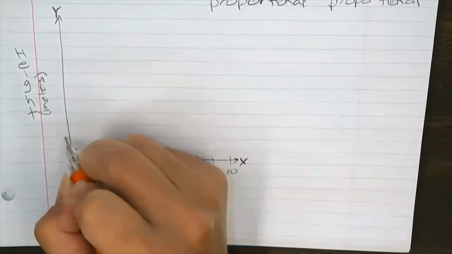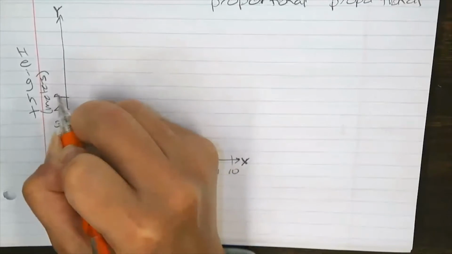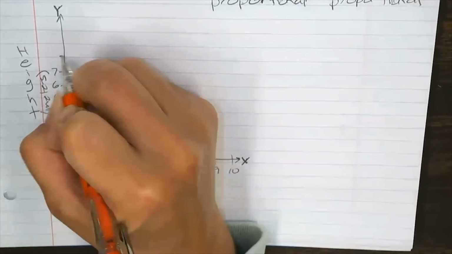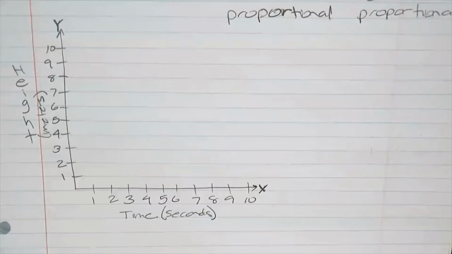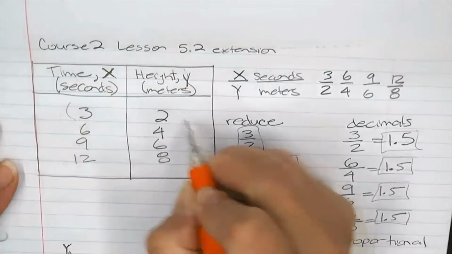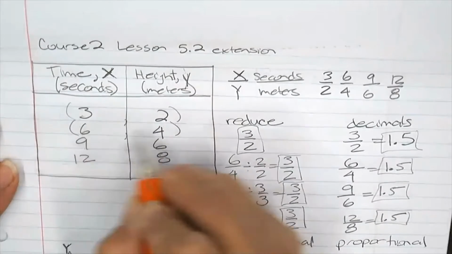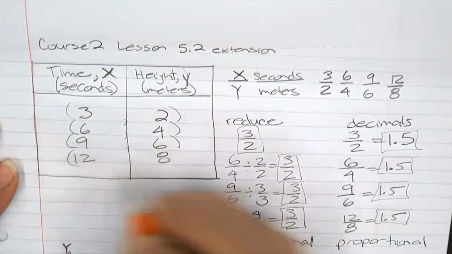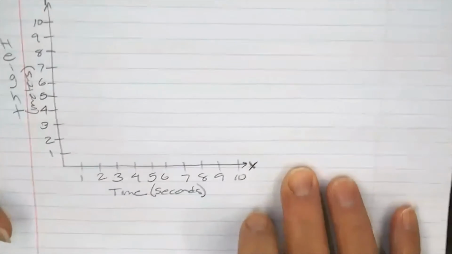And creating the graphs, this is the most time-consuming part. Okay, now we need to graph our points. And this is kind of nice because this is an X and a Y. These are ordered pairs already. X, Y, X, Y. These are already set up as ordered pairs. So we're going to graph these points.